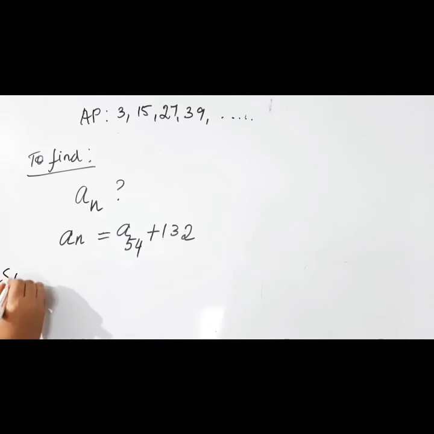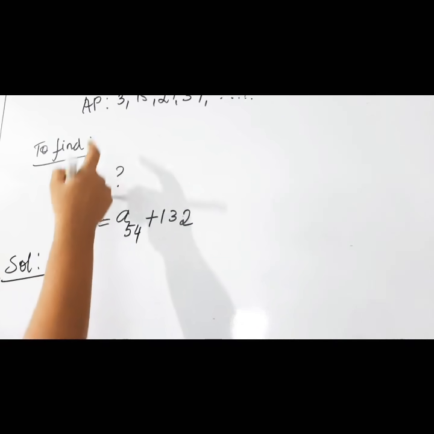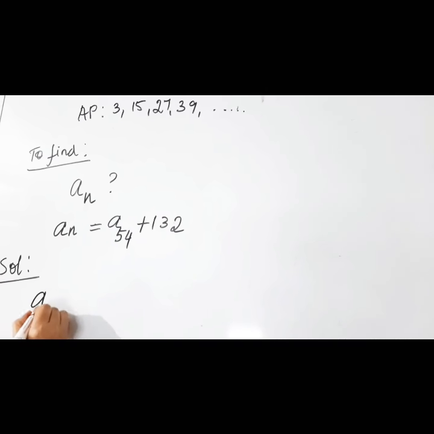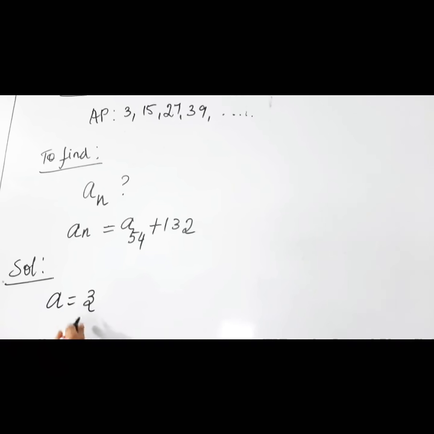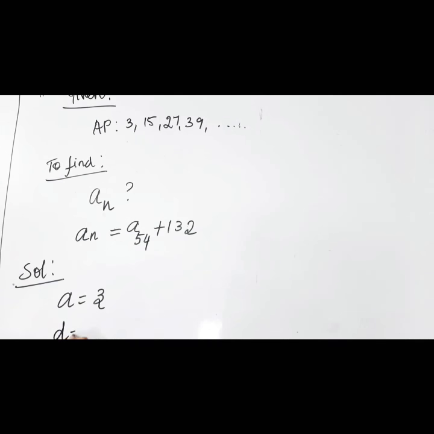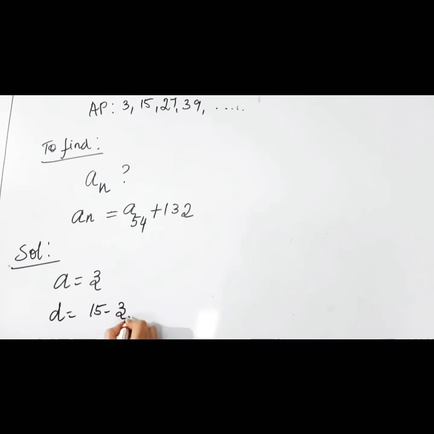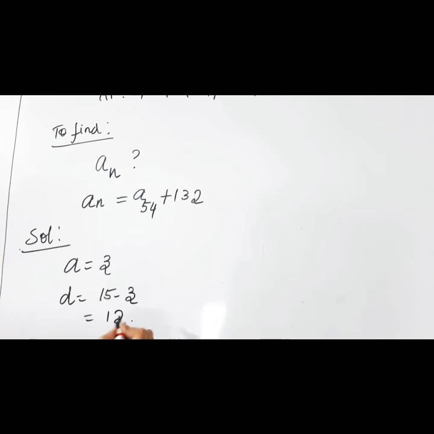Now let's start solving the sum. From the given, what values are you able to find? A, your first term, is 3, and D is 15 minus 3, which is 12.